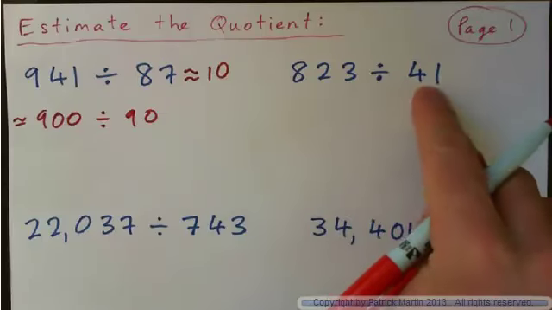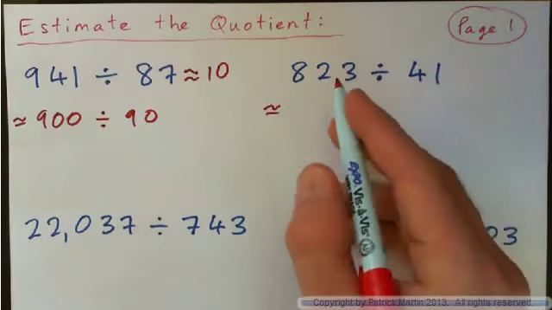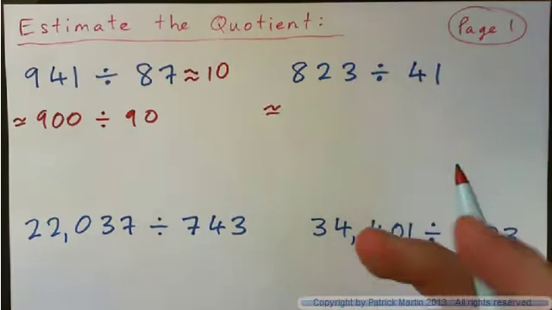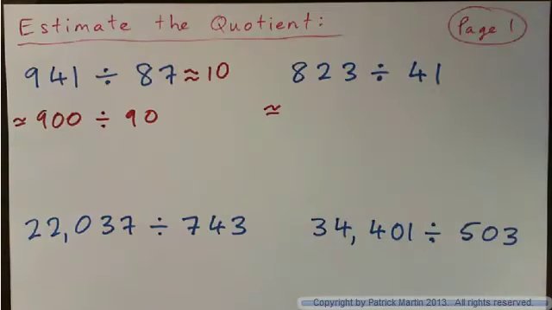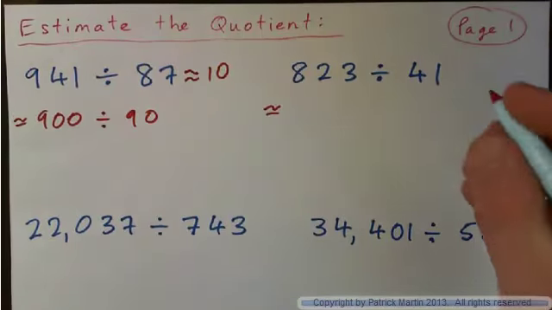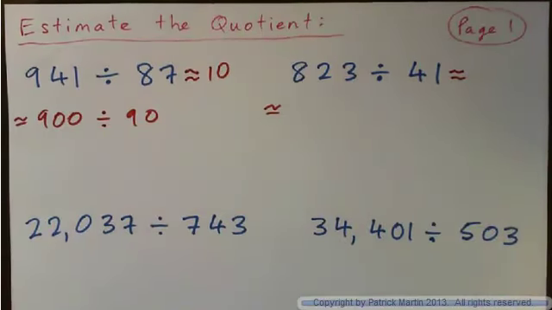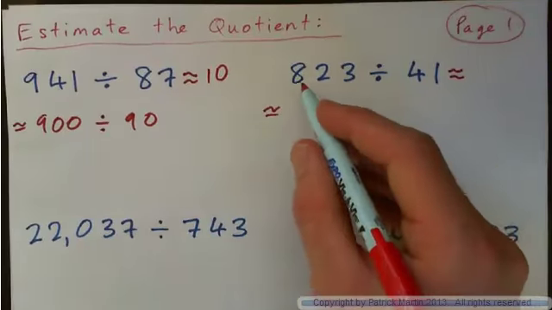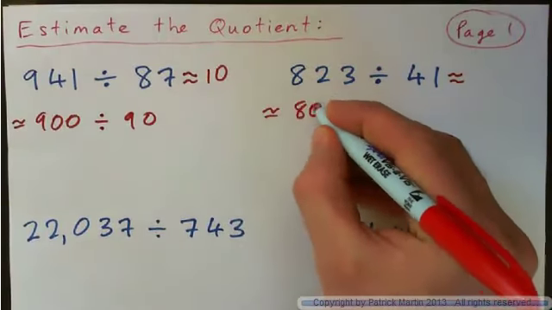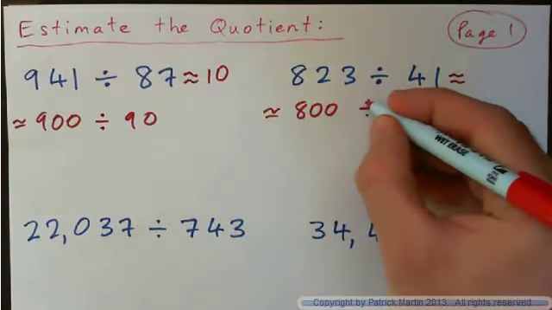How about this guy? Round this number to the nearest 100, round this one to the nearest 10, and see what you get. Do it yourself. What did you get? Press pause if you need more time. So 823 is approximately 800. 41 is approximately 40.